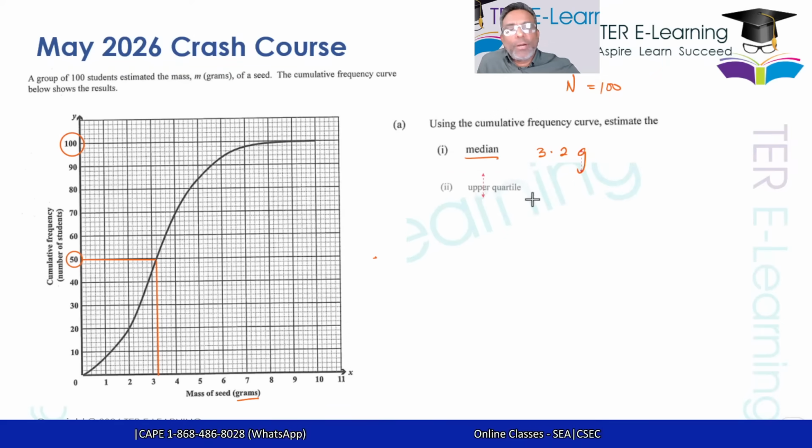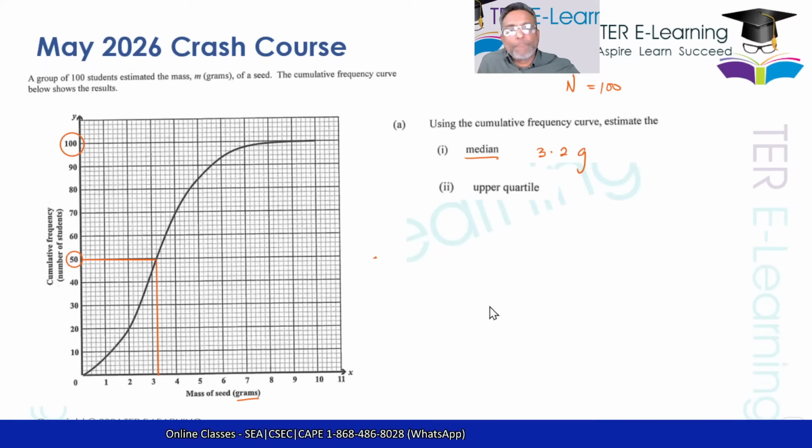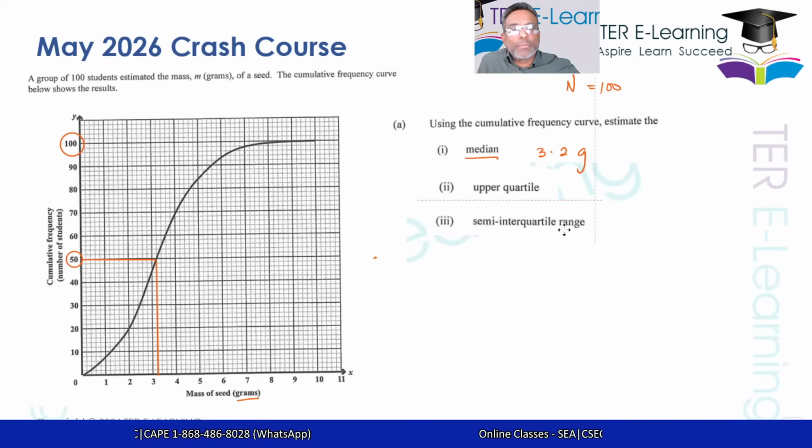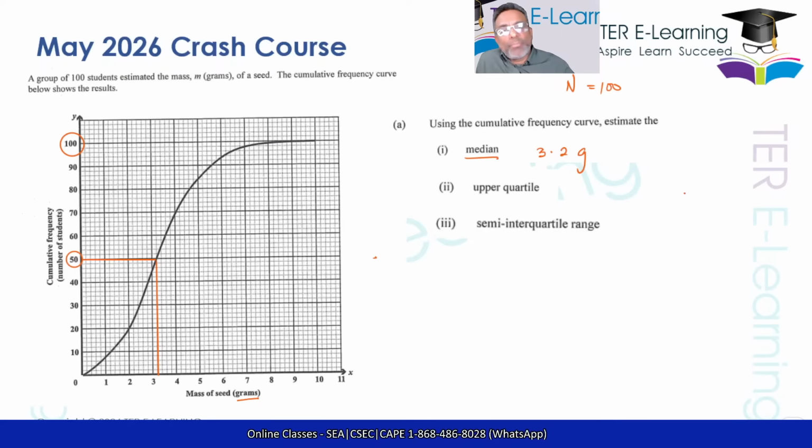Now, they want the upper quartile, and they also want us to work out the semi-interquartile range. So, upper quartile. If you want to work out the upper quartile, I'm going to find 3/4 of the 100. In this case, you're going to get 75.